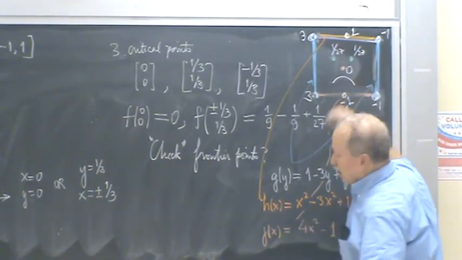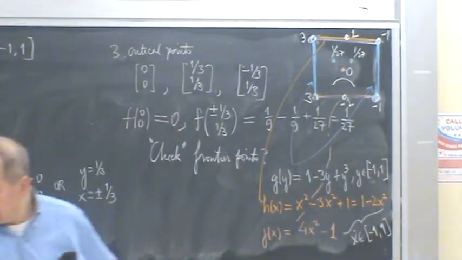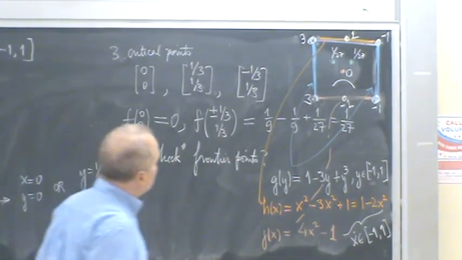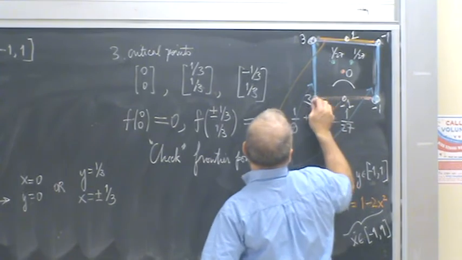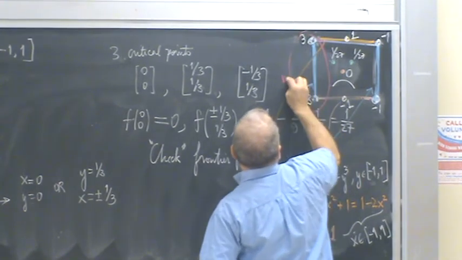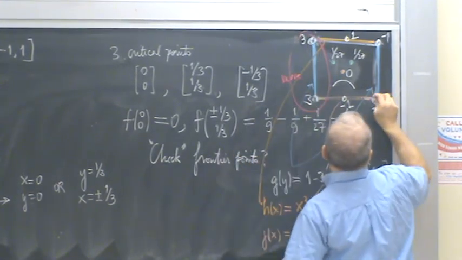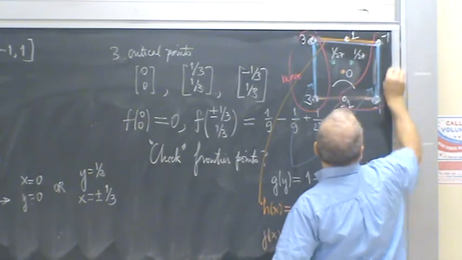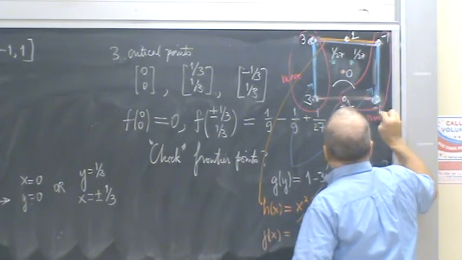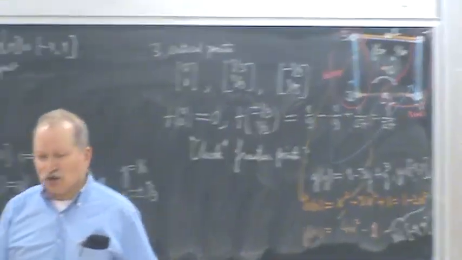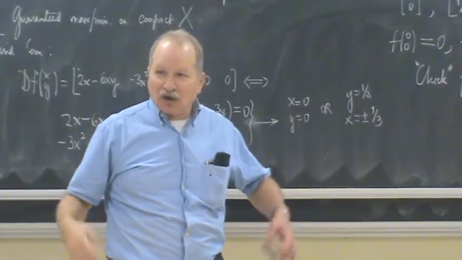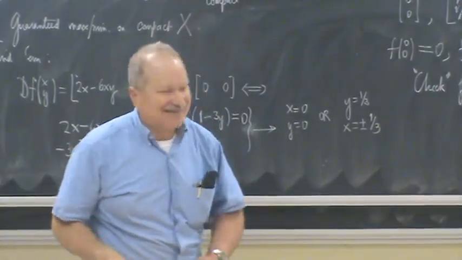So what's the upshot? What's the maximum? 3. And what's the minimum? Negative 1. Just as I suspected. In fact, it's all very disappointing because the critical points in the interior were totally worthless. Yeah, that's generally how it is.